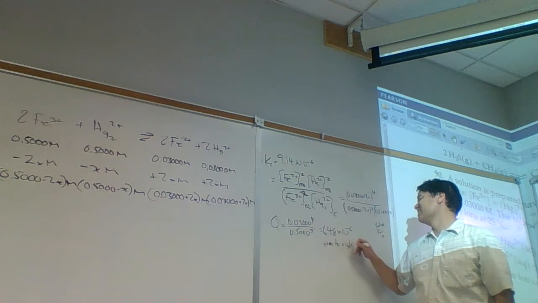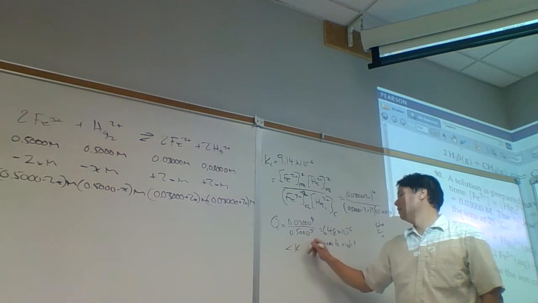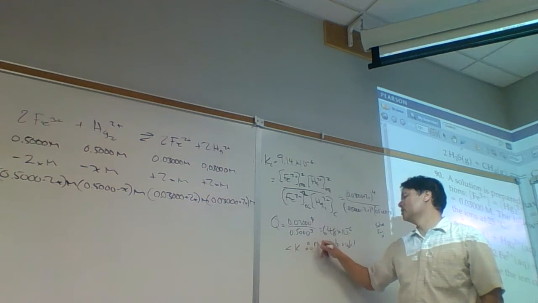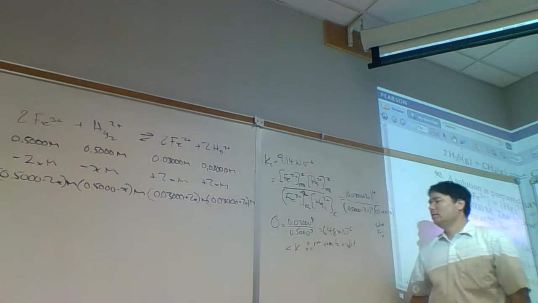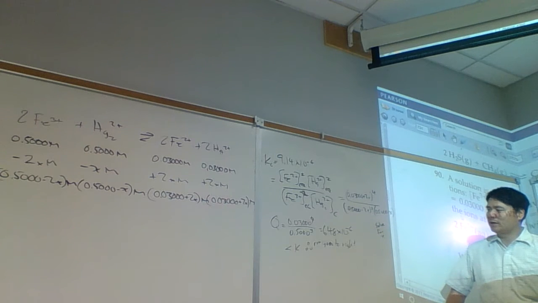Okay, so actually, let me fill in some blanks here. Q is less than K, therefore the reaction goes to the right. If Q is equal to K, there would be no reaction. If Q is greater than K, it should go to the left because we've got too much product. Can you solve for x?